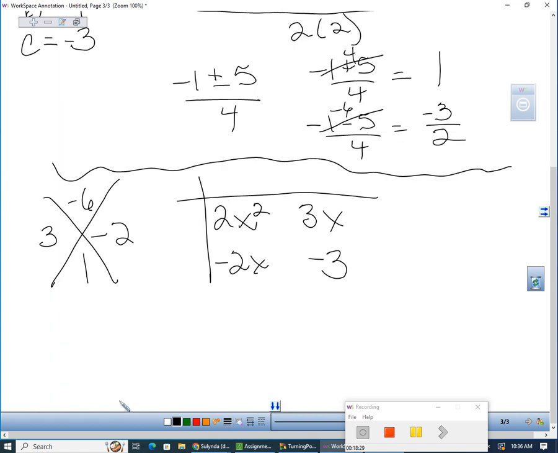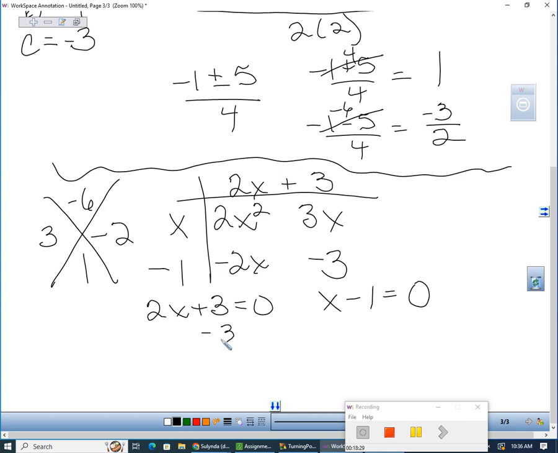What can I take out of the top line? What can I take out of the bottom line? What can I take out up and down in the first one? And what can I take out up and down in the second one? Positive 3. So I have 2x plus 3, and x minus 1. What do I do with those now? Set them equal to 0, and we solve them.